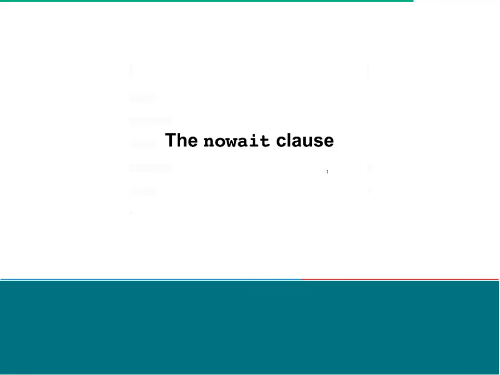Now, nowait is another one that is not widely supported yet, but we consider extremely important for performance going forward. The effect of this is that all target regions are tasks as of OpenMP 4.5.